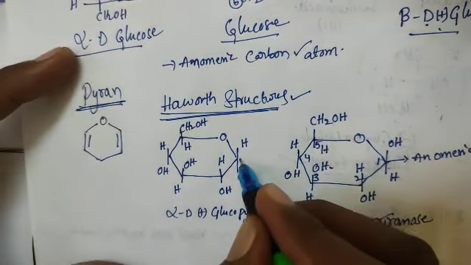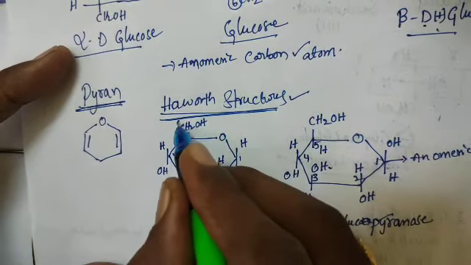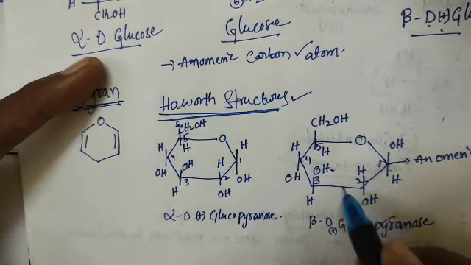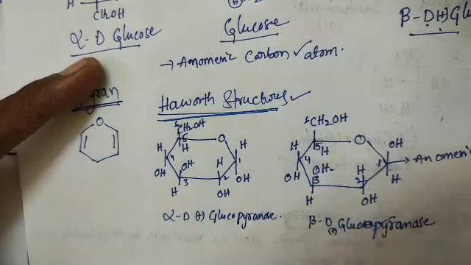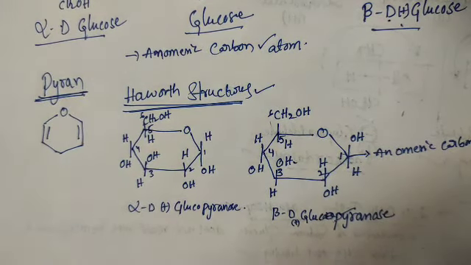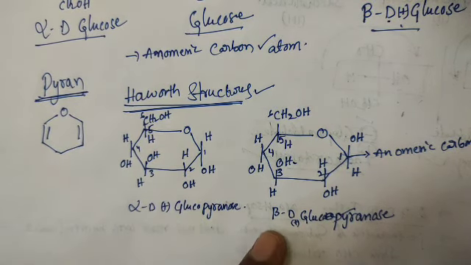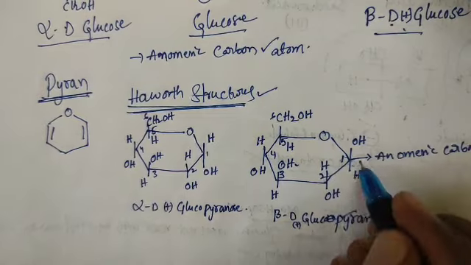So the first carbon is this one, second, third, fourth, fifth and sixth. Same as this one, 1, 2, 3, 4, 5. The sixth one is this one. So these are the Haworth structures of glucose. Alpha D glucopyranose, beta D glucopyranose. Where is the difference?